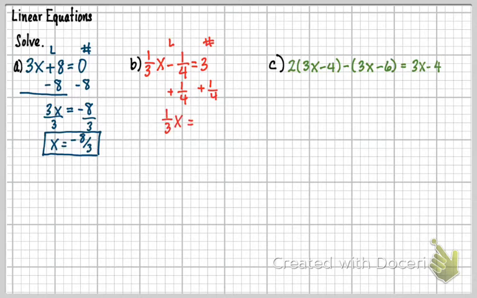And then on the right side, I have to call this 3 over 1, and then I have to get like denominators, so I'm going to multiply the top and the bottom by 4. So that 3 is really 12/4. Adding that is going to be 13/4, because I take this 1/4 plus 12/4, and that's 13/4. So I get 13/4.